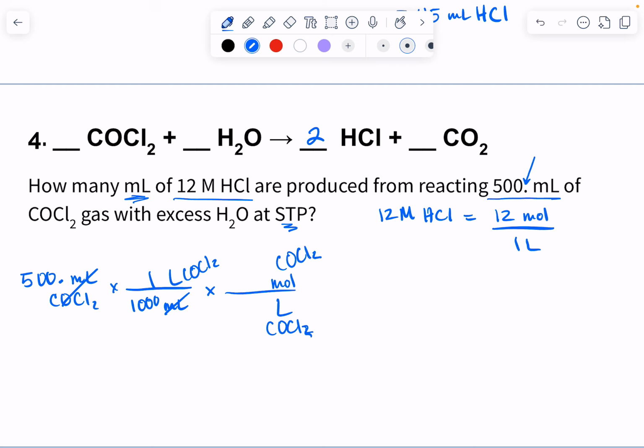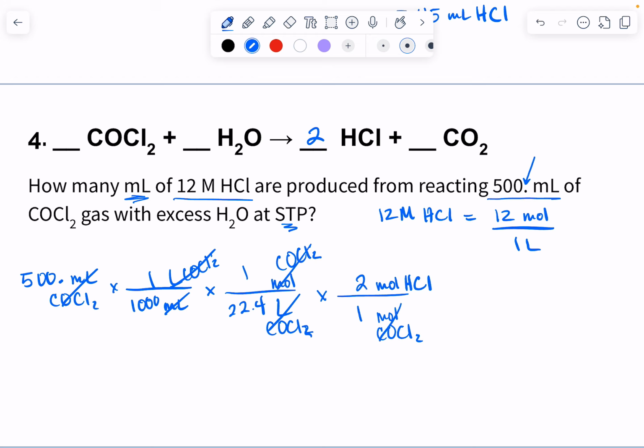So COCl2, it's going to be 1 to 22.4. Liters are going to cross out. Now we're in moles of COCl2. We're attempting to get to hydrochloric acid, so you want to go from moles of COCl2 into moles of hydrochloric acid. Based on our mole ratio, it's going to be a 2 to 1.